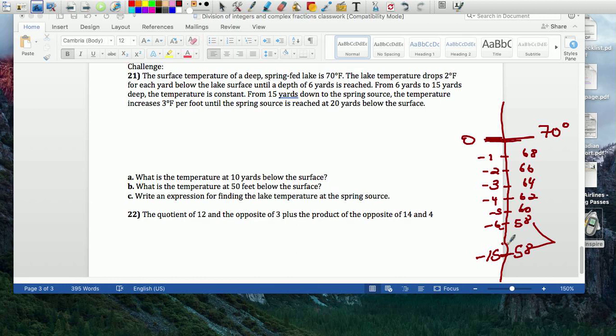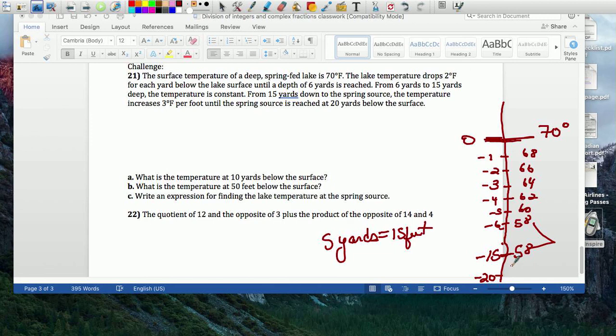So again, from 15, the temperature increases per foot. Oh my god, now we're changing to per foot. So from 15 to 20, that's 5 yards, right? 1 yard is 3 feet, so 5 yards would be 15 feet.